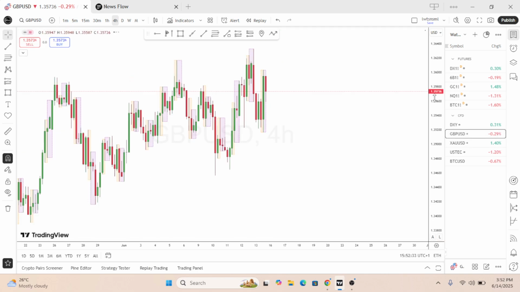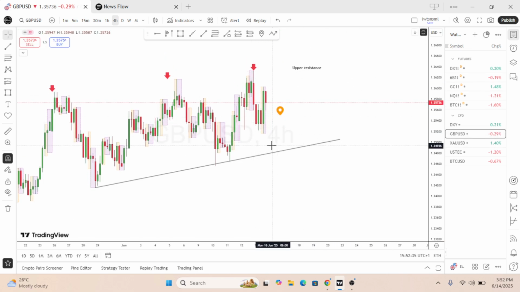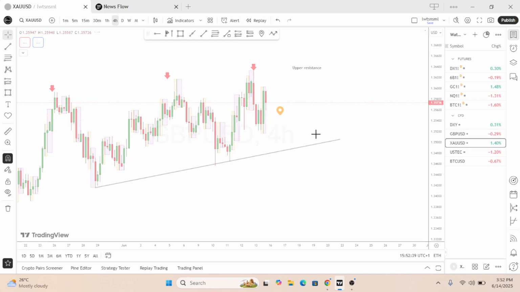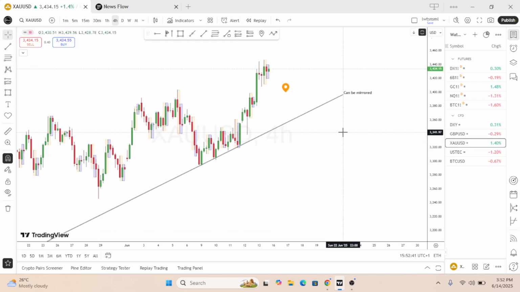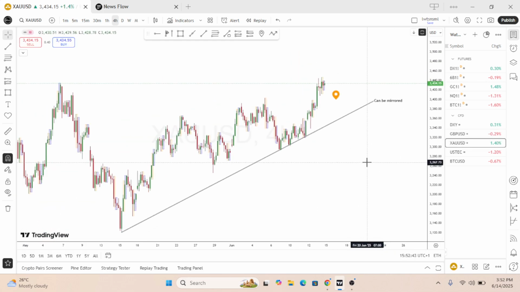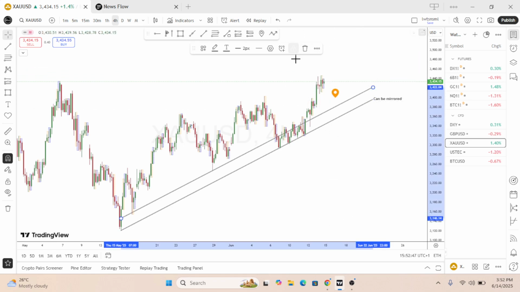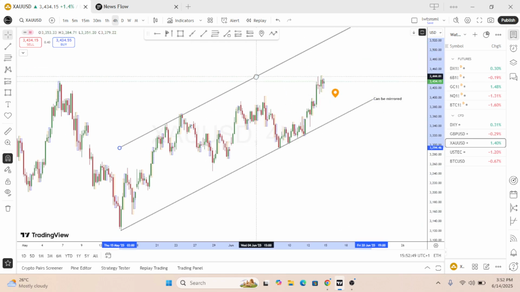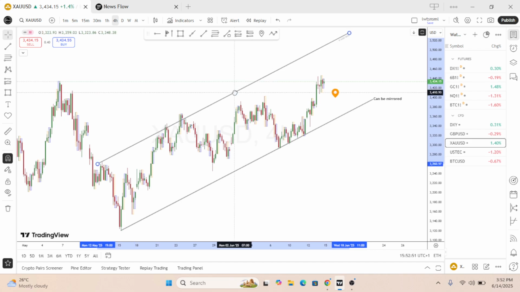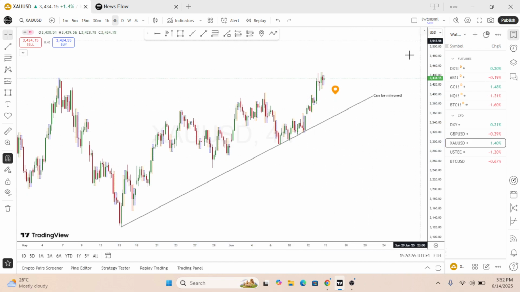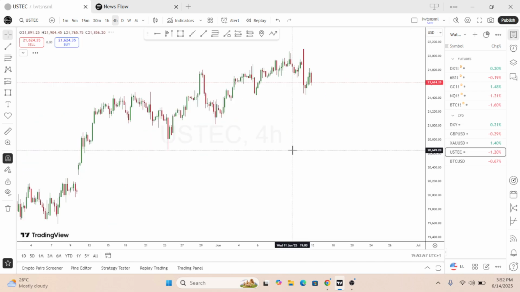I don't know if we are going to get the same on the pounds here, but we recovered with a 4-hour engulfing candle. So I'm just monitoring that. And the other thing is that we can mirror this trend line on gold and put it somewhere around there to form some sort of channel.